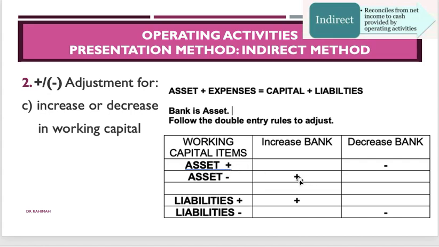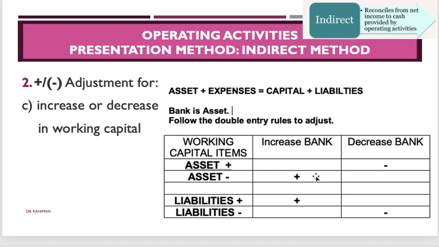Bank of course will decrease. Follow this row. Because trade receivable is an asset, and bank is also an asset. So when they are in the same house, they must have opposite directions. Otherwise, it won't balance. So if trade receivable reduces, the opposite, bank will increase.